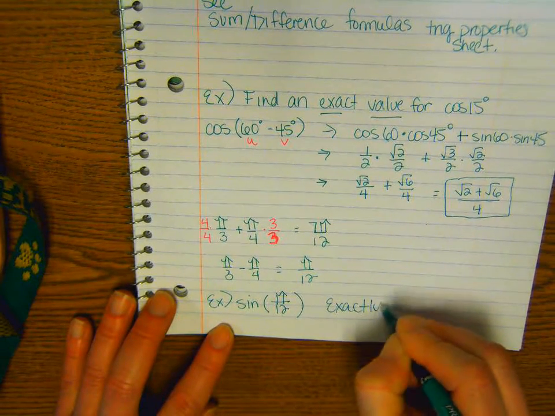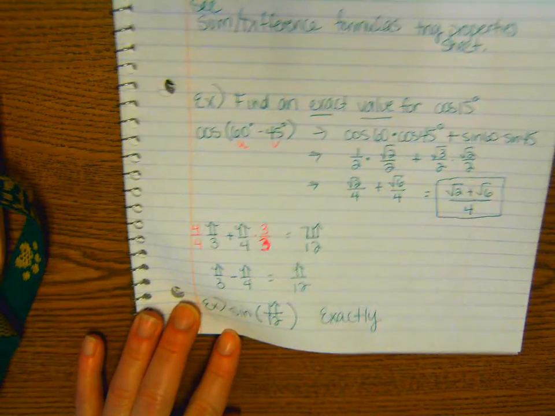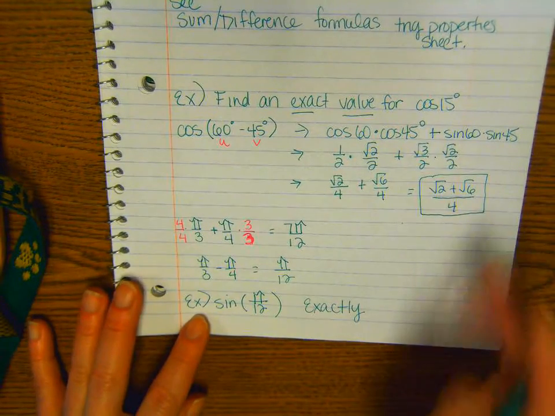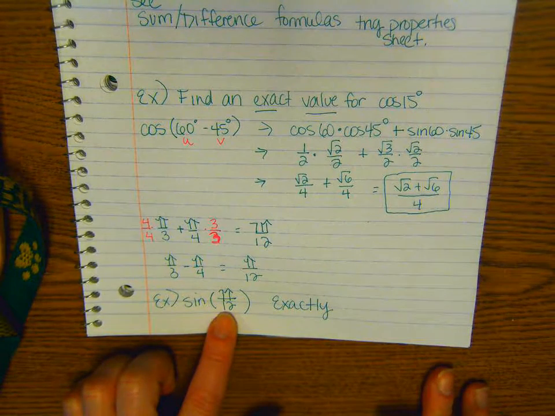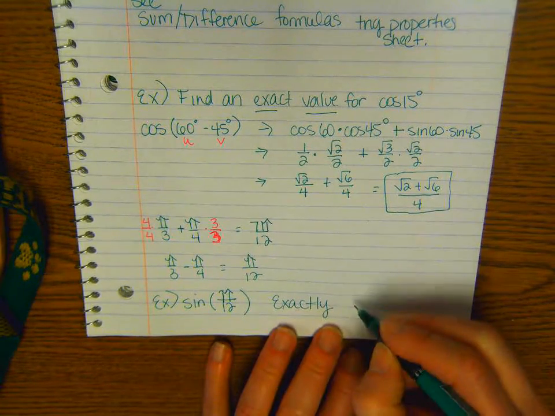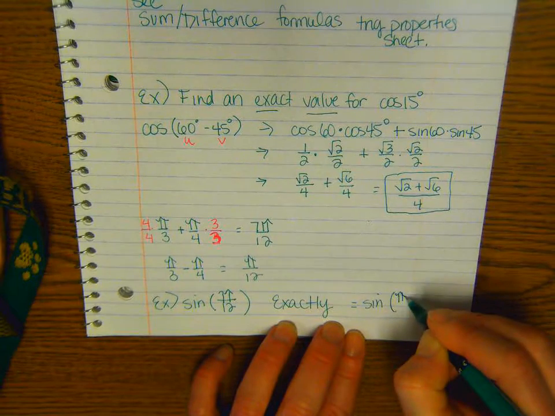Well, we don't know the sine of pi 12, but we just showed that there are two angles that we could get to equal pi 12. Pi thirds minus pi fourths, right? Okay, so the first thing I do is write it as sine of pi thirds minus pi fourths.